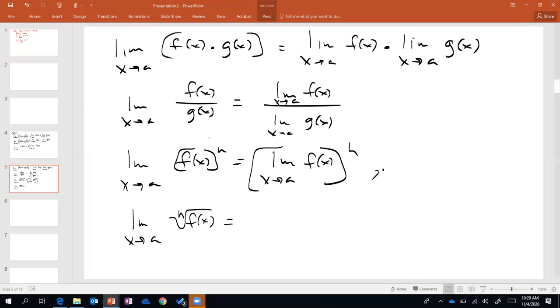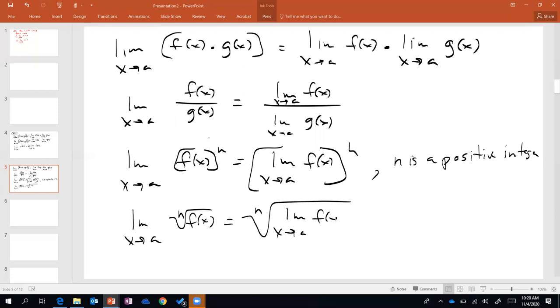I guess we should clarify here: n has to be a positive integer for that to take place. And then the nth root, limit as x goes to a of f of x.